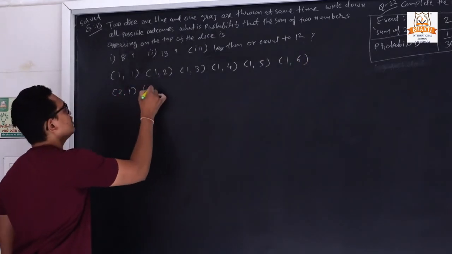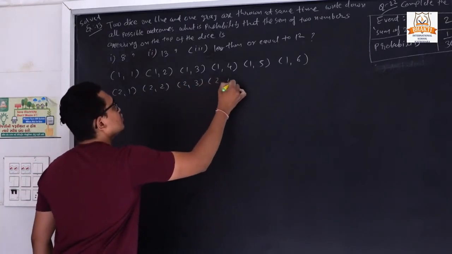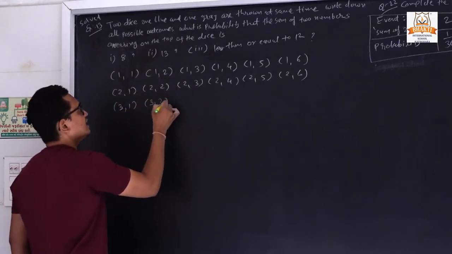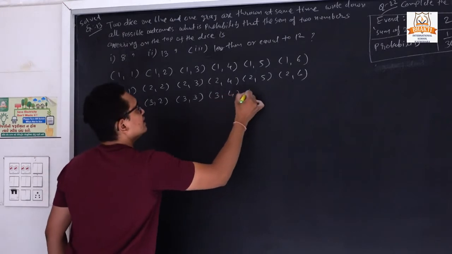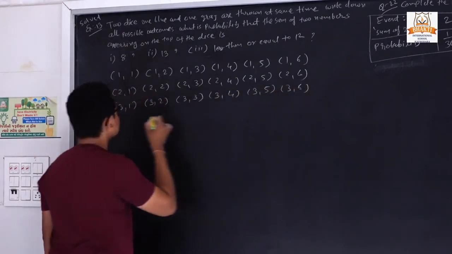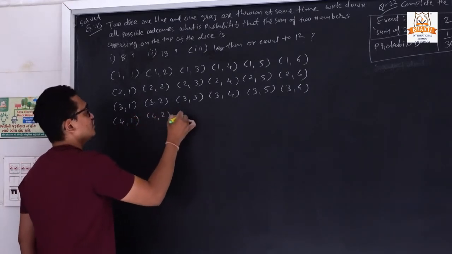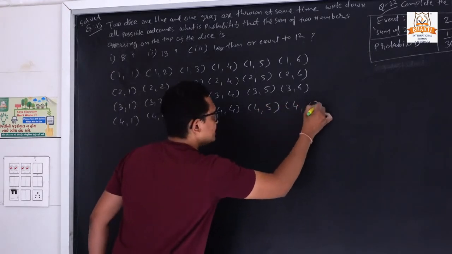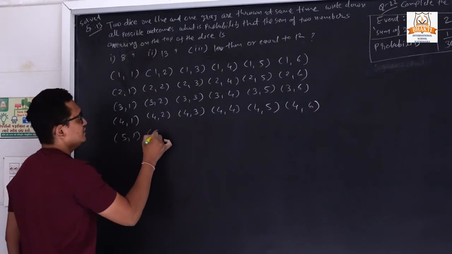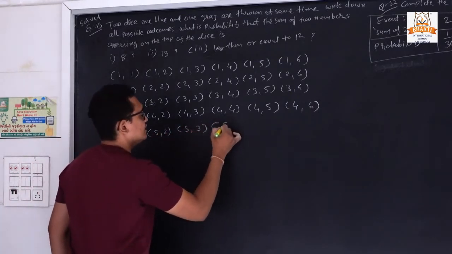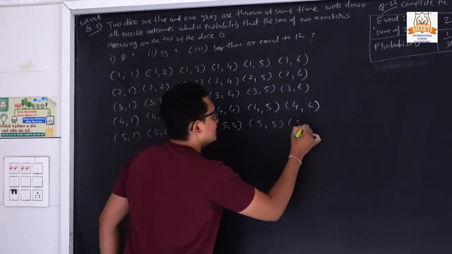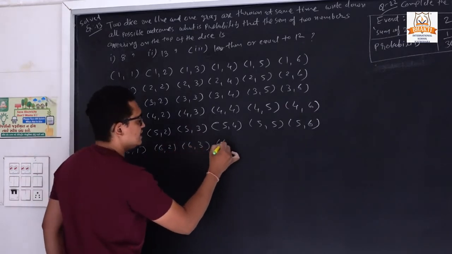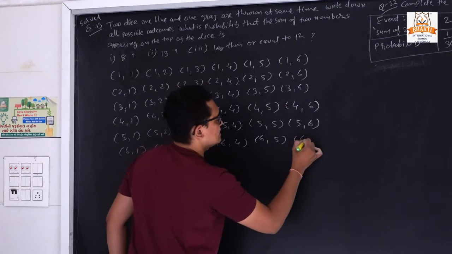Similarly 2 1, 2 2, 2 3, 2 4, 2 5, 2 6, then 3 1, 3 2, 3 3, 3 4, 3 5 and 3 6, then 4 1, 4 2, 4 3, 4 4, 4 5, 4 6, 5 1, 5 2, 5 3, 5 4, 5 5 and 5 6, and last 6 1, 6 2, 6 3, 6 4, 6 5 and 6 6.